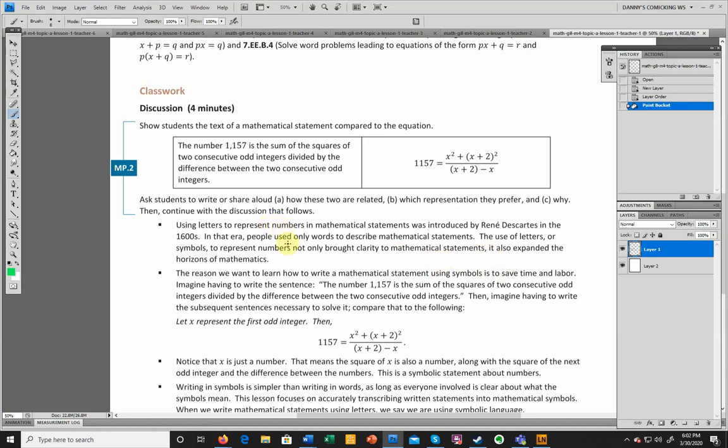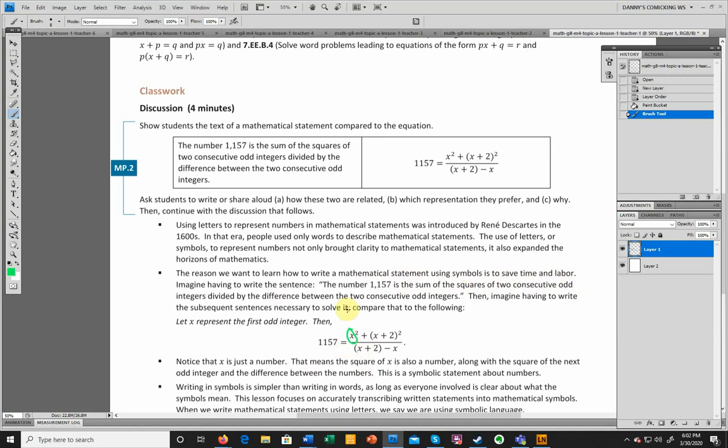The reason we want to learn how to write a mathematical statement using symbols is to save time and labor. Instead of writing a whole sentence for x, we can just write x.